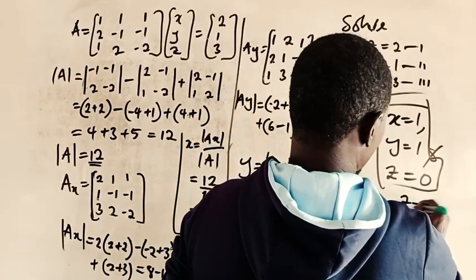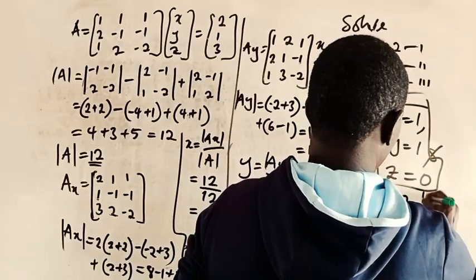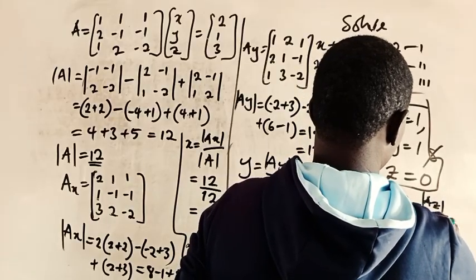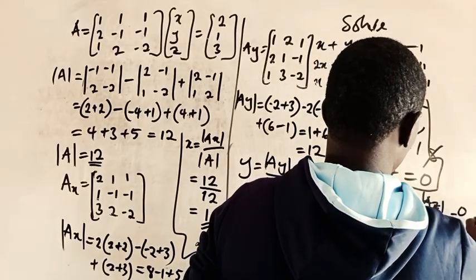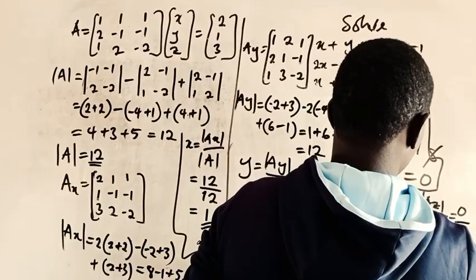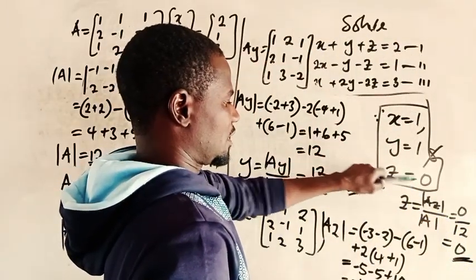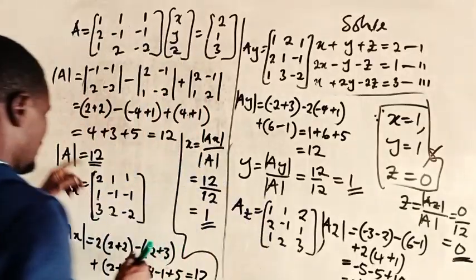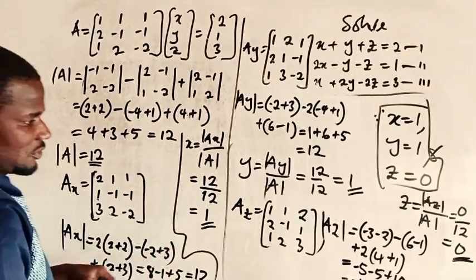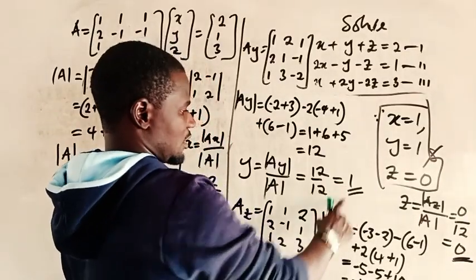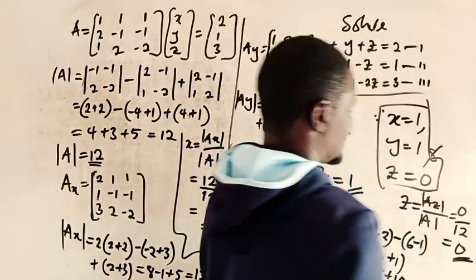Automatically, z equals determinant of A z all over determinant of A, and this is 0 all over 12, which is finally 0. That's why I said x equals 1, y equals 1, z equals 0.